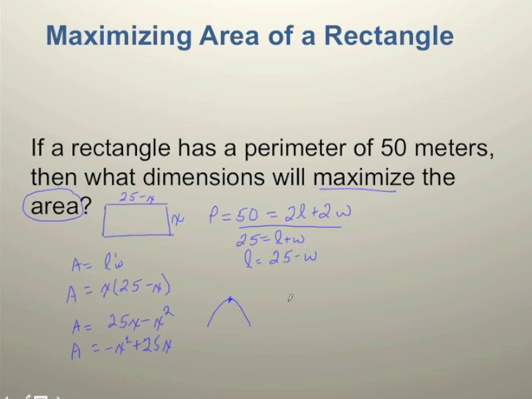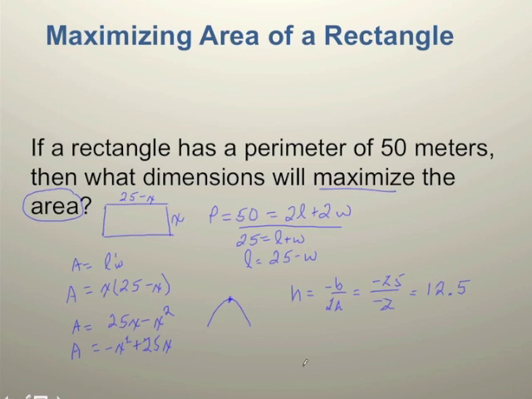So let's find h. h equals negative b over 2a. So negative b would be negative 25 over 2a, which is negative 1, over negative 2, so h will equal 12.5. And that's my x value that will maximize.